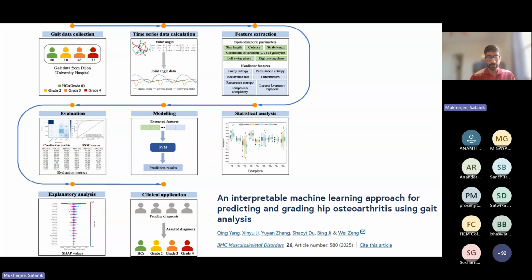Another approach that people have taken with using these gait data is that there are some pre-trained machine learning algorithms that have been used to predict whether someone is going to have osteoarthritis, in this case, hip osteoarthritis. If we just look at the gait data from a patient, based on one of these approaches that I described, you can use these machine learning algorithms to predict whether in the long run these patients will have, say, osteoarthritis.